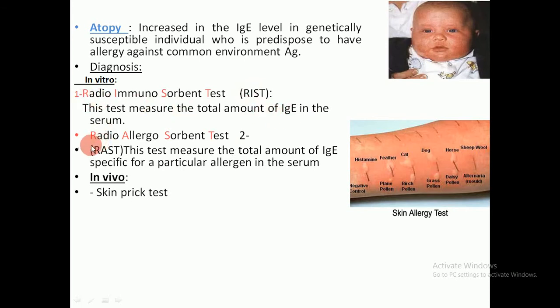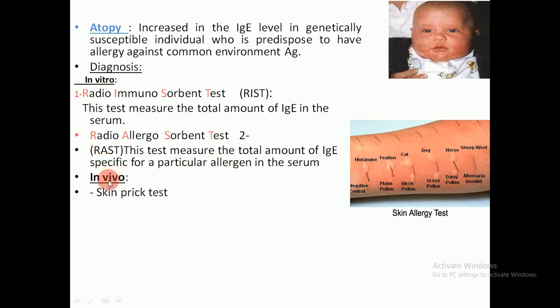And the second type is the radio allergosorbent test, which is called the RAST test. This test measures the amount of IgE specific for a particular allergen in the serum, for example, specific to egg, pollen, or house dust mite.